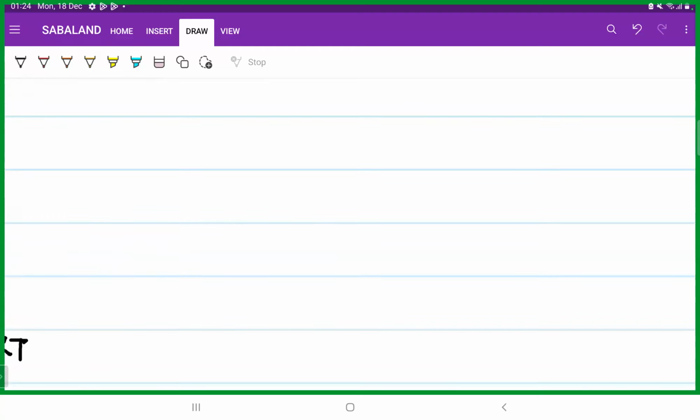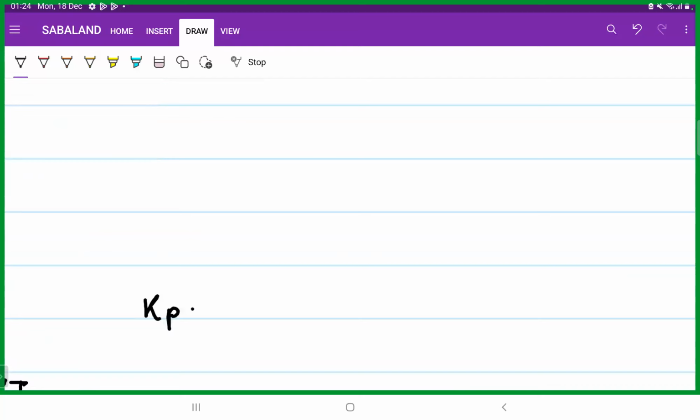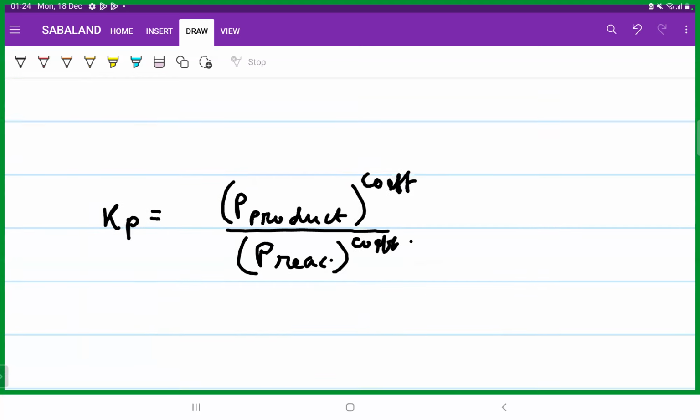Now, Kp has also been given. We will find that out very easily. The value of Kp is basically P product to the power of the coefficient divided by P reactant to the power of the coefficient of the reactant, right? The number of moles of reactants which are present.